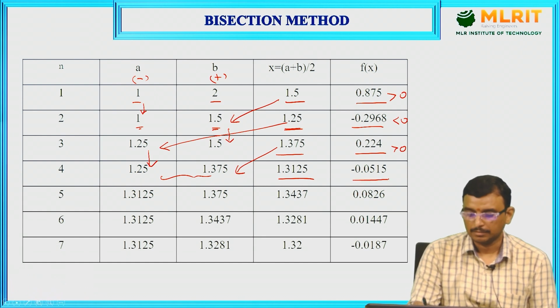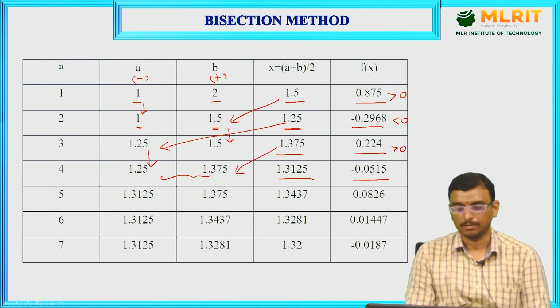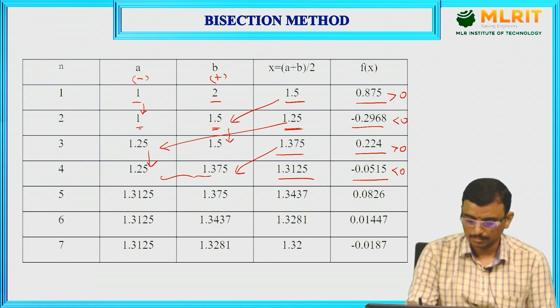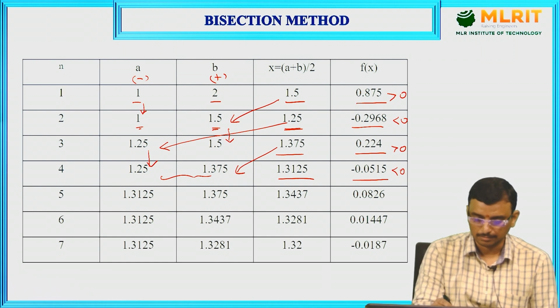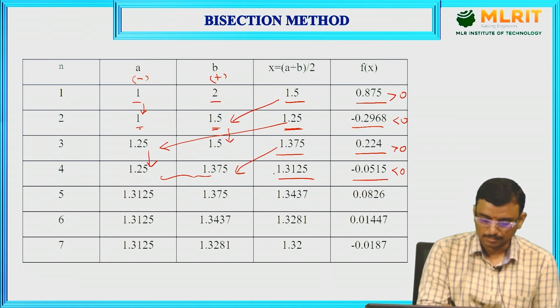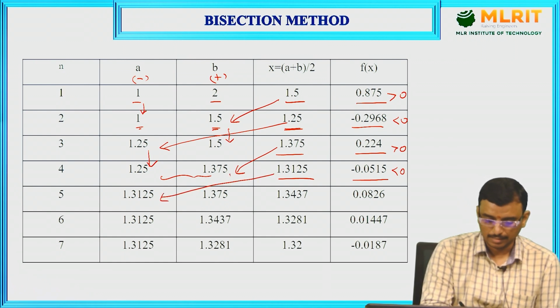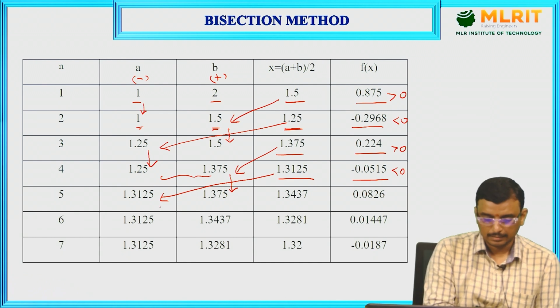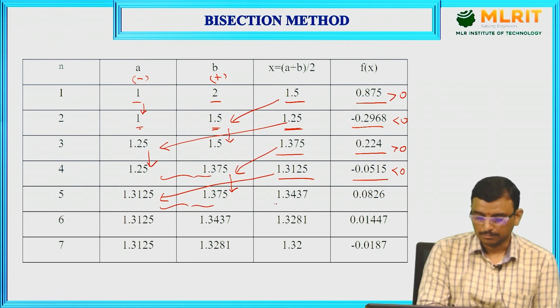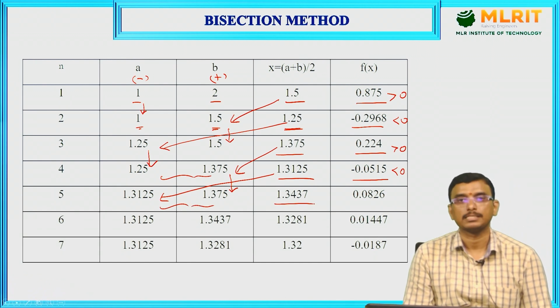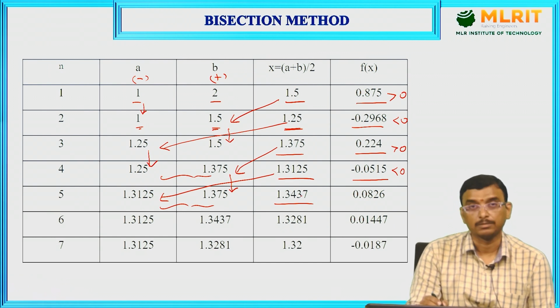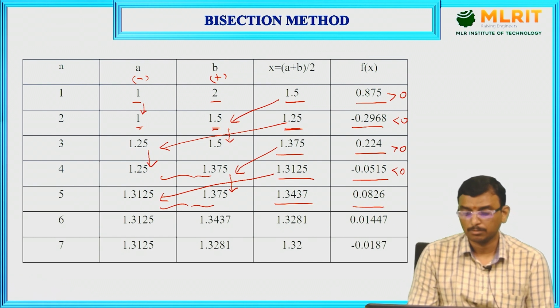Now replace the negative side value with this midpoint value, keep the other the same, and again take the midpoint of these two. So we get 1.3437, and substituting this value in the function, we get 0.0826, which is greater than 0.